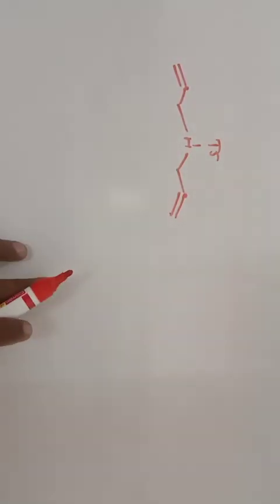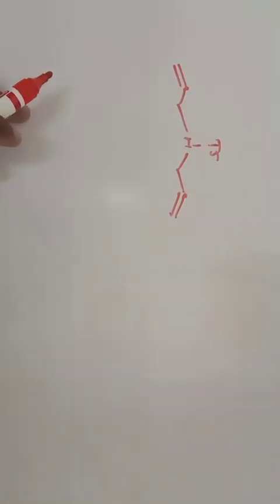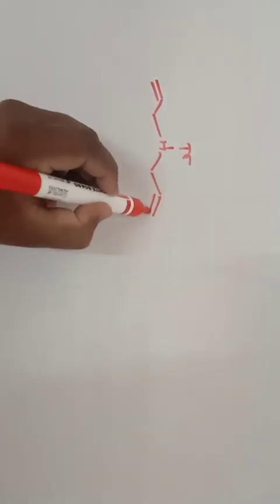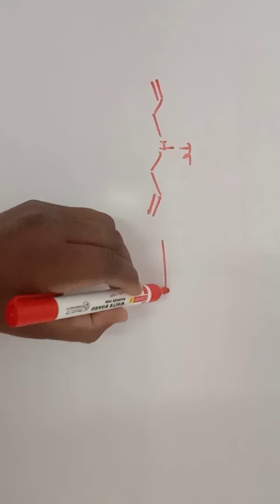So we can use Grubbs first generation catalyst for this ring closing metathesis reaction. Okay, the first step is a 2 plus 2 cycloaddition reaction.